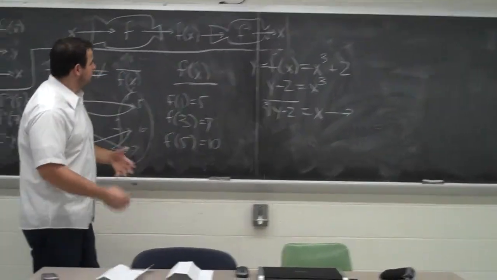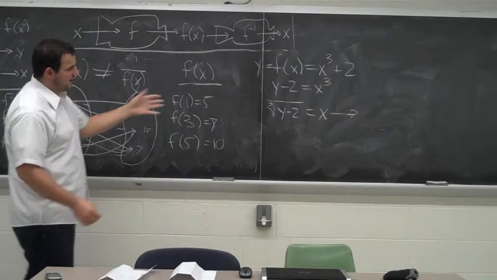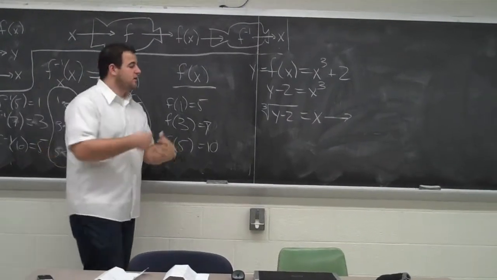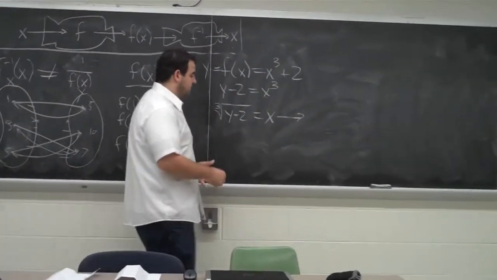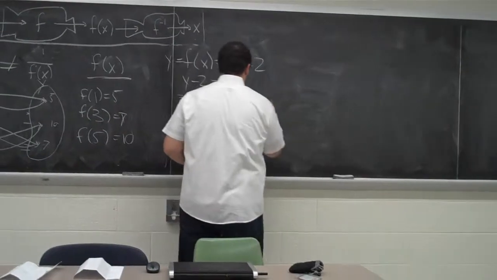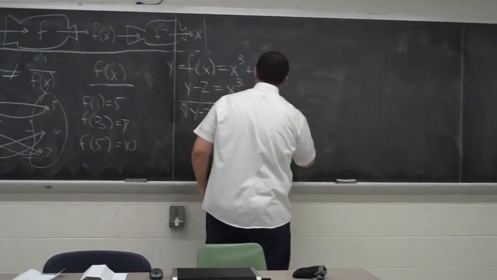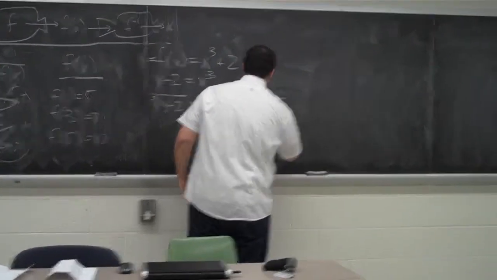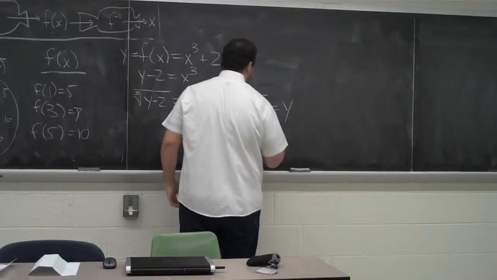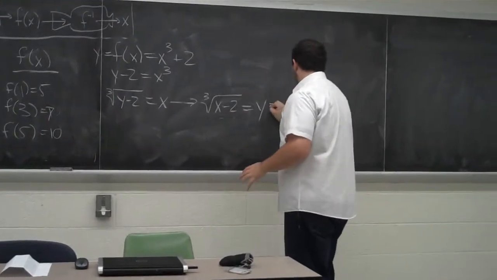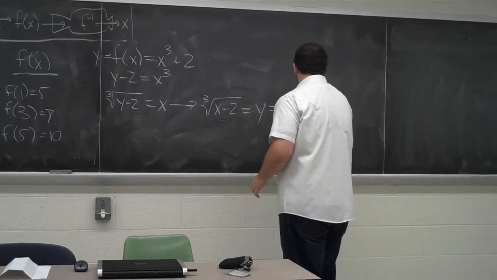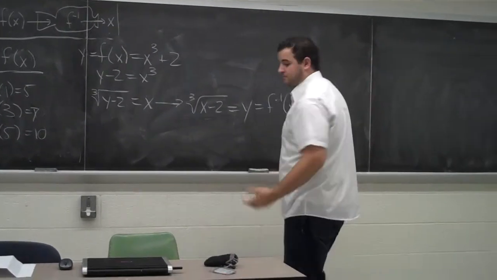But we want to keep our nomenclature consistent, where we always have f, or f inverse, or g, or h of x, just because it'll be easier to write things and easier to think about things. So then we switch, and what we end up getting is the cube root of x minus 2 equals y, and this new function is what we call the inverse.